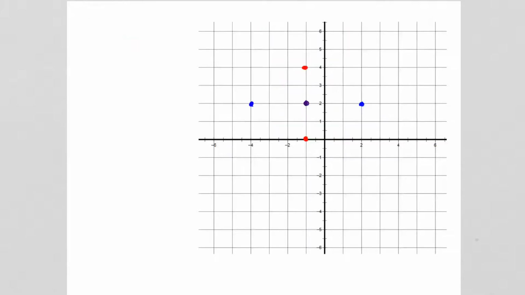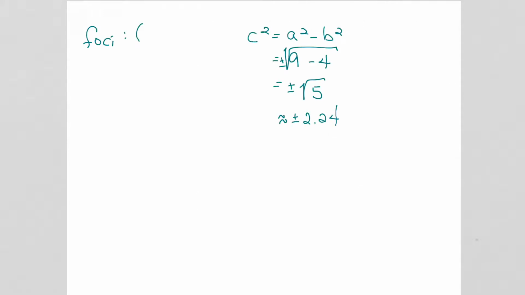So I'm going to go over to my graph again. I know the foci have to lie along the major axis. So to the right of my center, I'm going to go 2.24, and to the left, 2.24. So then what's this point? It would be 1.24, and then 2. So go write that down.